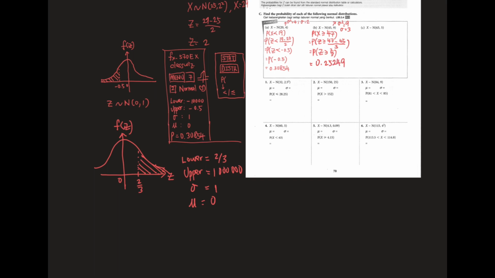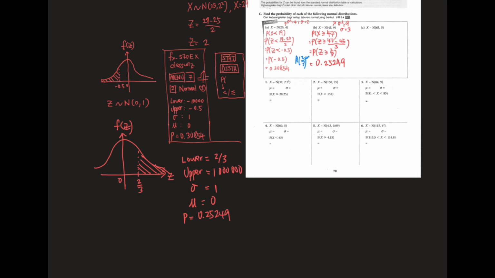The calculator will show P equal to 0.25249, but when you write, you just write like this. Of course, if you are using the previous type of calculator, you have to choose R, so you add here R 2 over 3, and then only put the answer.